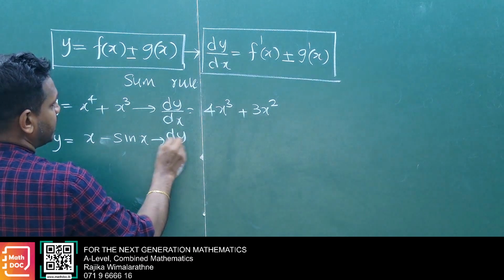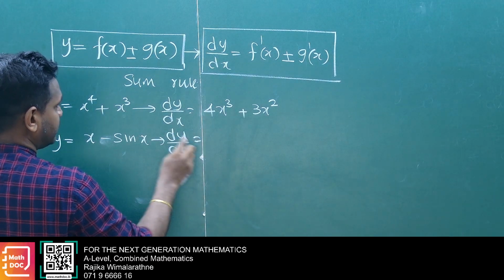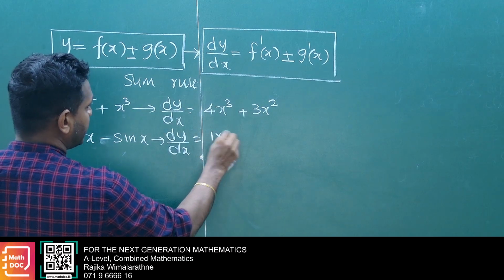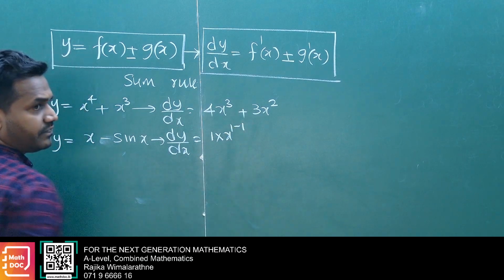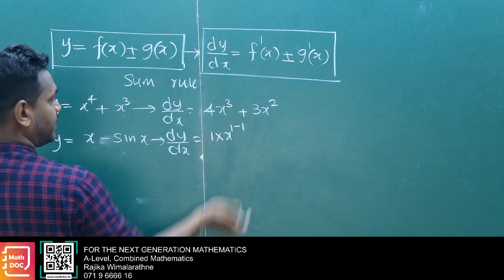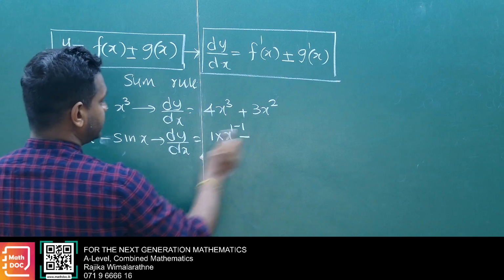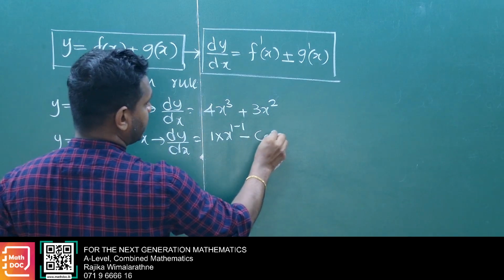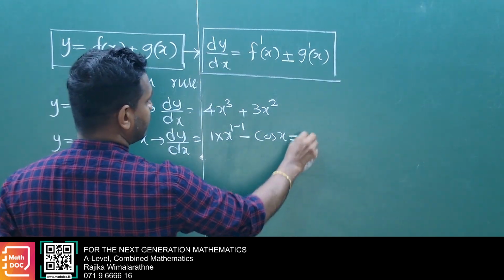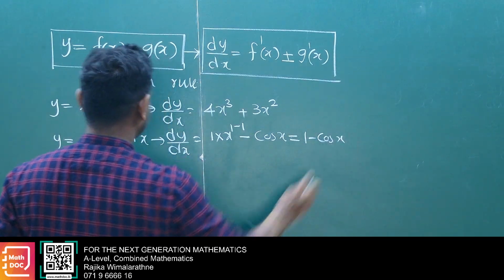Then dy by dx equals x derivative 1 times x to the power 1 minus 1, n x to the power n minus 1. Minus sin x derivative, go to the table, that is cos x. Then x to the power 0 is 1, so 1 minus cos x.